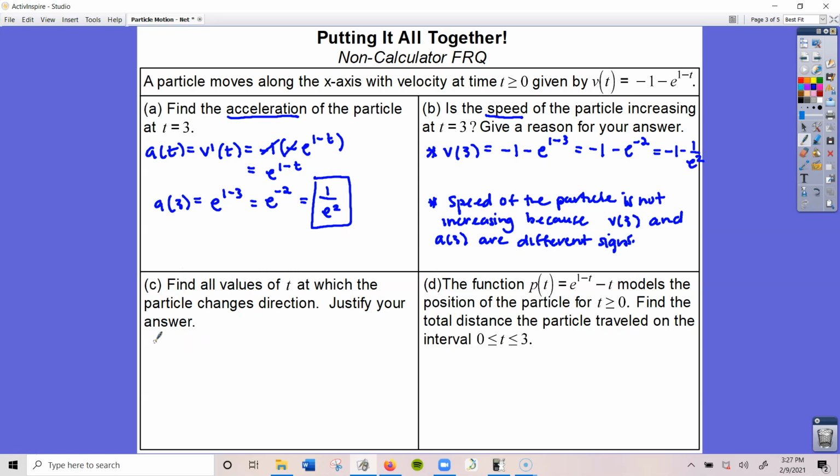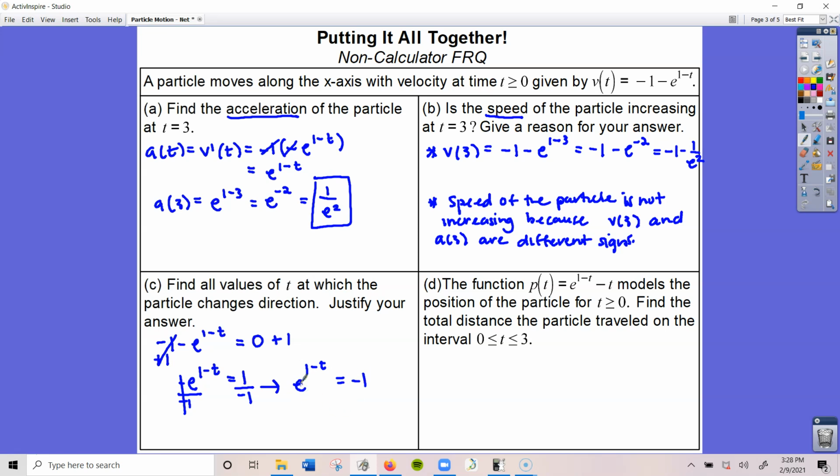So let's set the velocity equation, which is negative 1 minus e raised to the 1 minus t, equal to 0. So let's isolate this e. I would have to add the 1. So we have negative e raised to 1 minus t is equal to 1, and then divide by negative 1. So we get e raised to the 1 minus t is equal to negative 1.